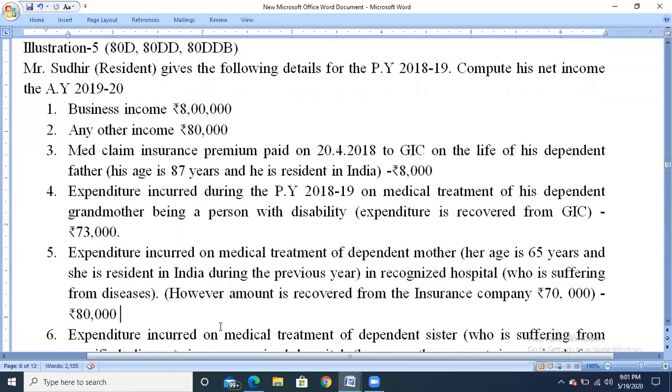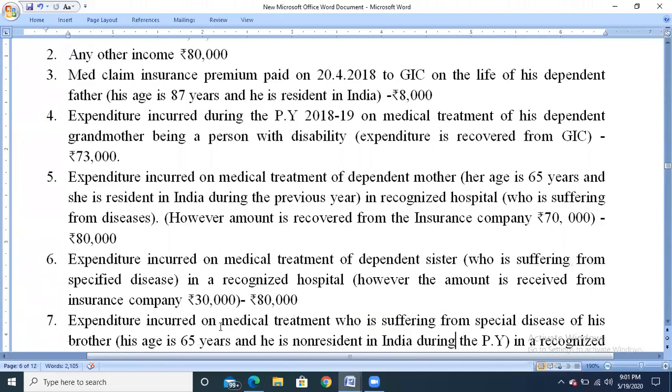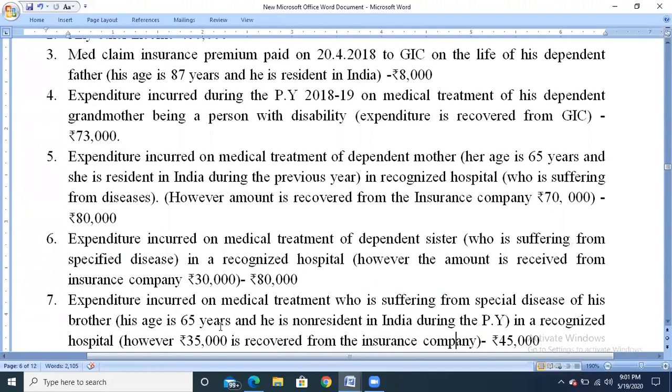Next, expenditure incurred on medical treatment of his brother, who is suffering from a special disease. They have given the brother, he is also a family member. His age is 65 years and he is non-resident in India. Be careful, even though his age is 65 years, a senior citizen, he is non-resident in India. In such a case the maximum amount is restricted to 40,000.